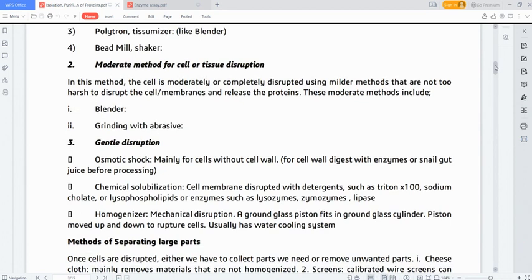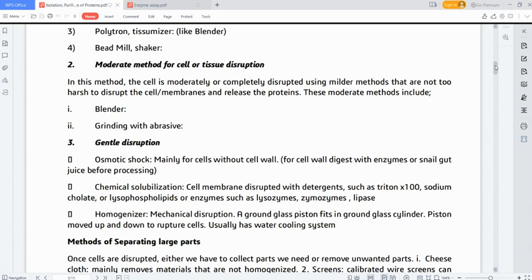Now the third one is a gentle disruption. In gentle disruption, we normally apply it when cell walls are not available. So we make use of that in animal cells most times, like in the blood cells, which I talked about some minutes ago. You just add water, and when you add water, you have changed the osmotic pressure of the cell.